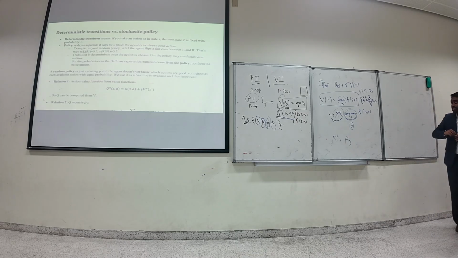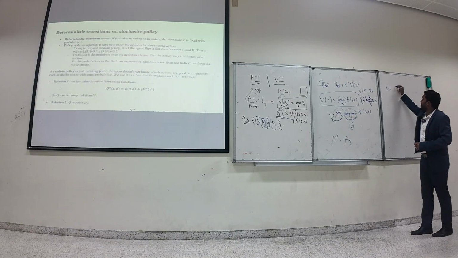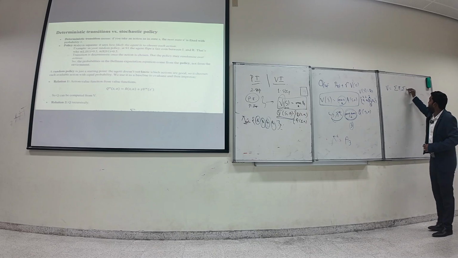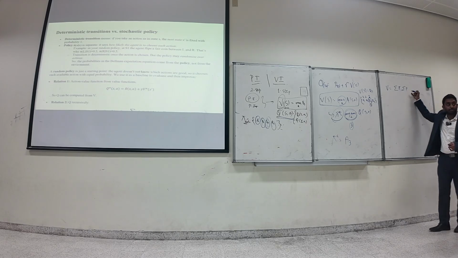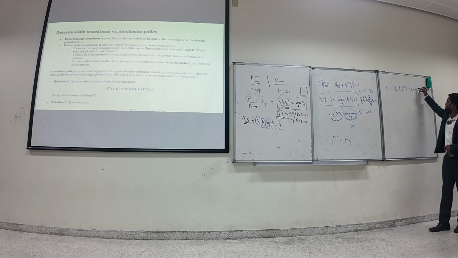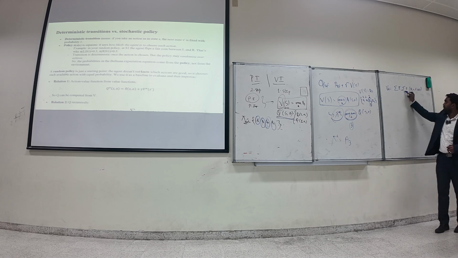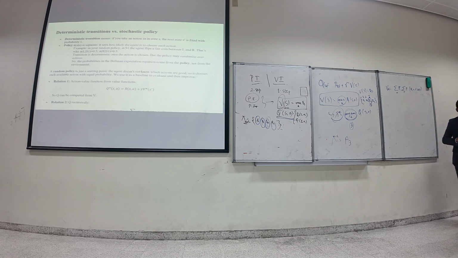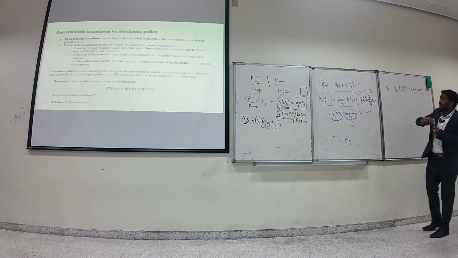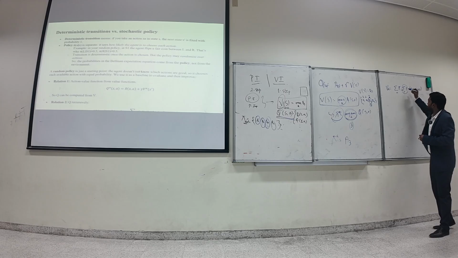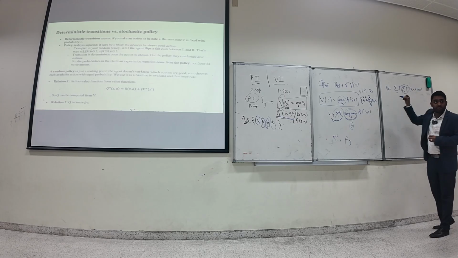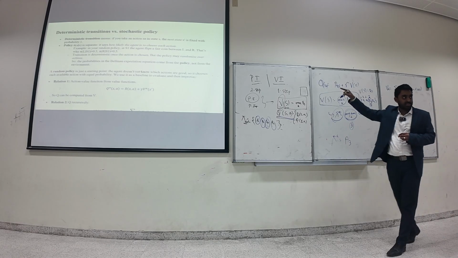And remember the summation that we had earlier: V of S is the summation of the policy times the summation of the probability times R plus gamma V of S prime. This is for all S prime, and this is for A. Clear? Now this summation, just this summation, is 1 in this case.